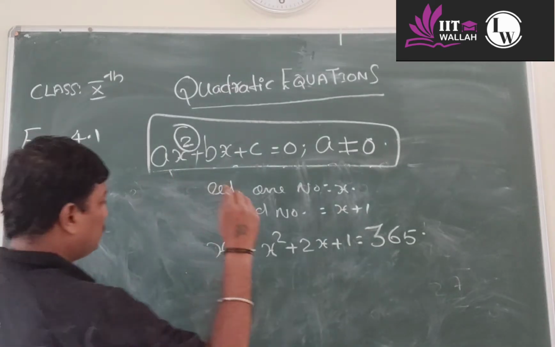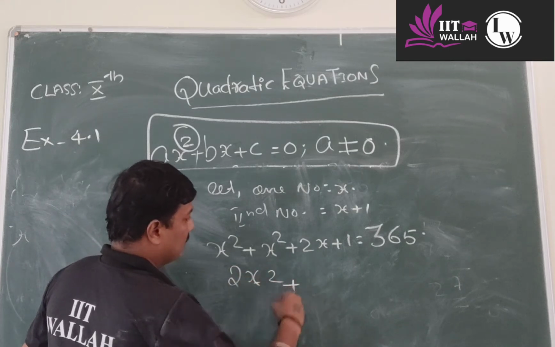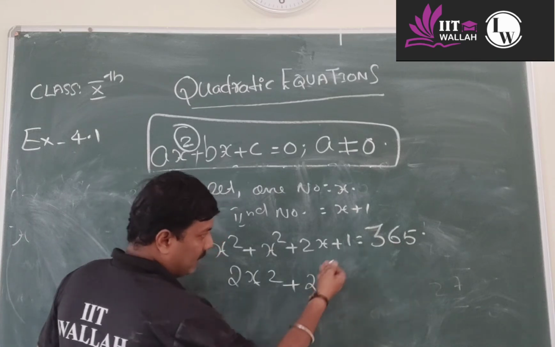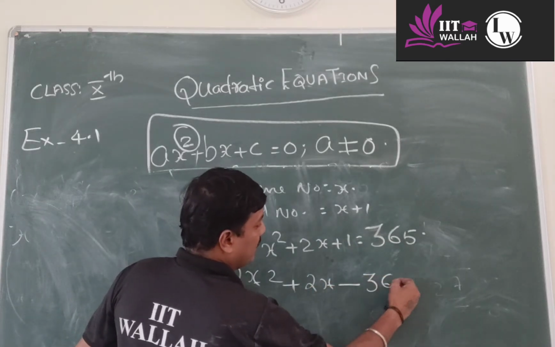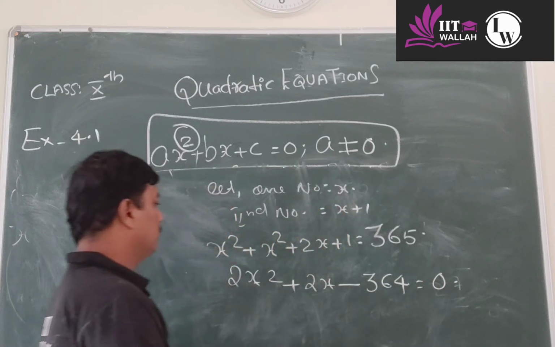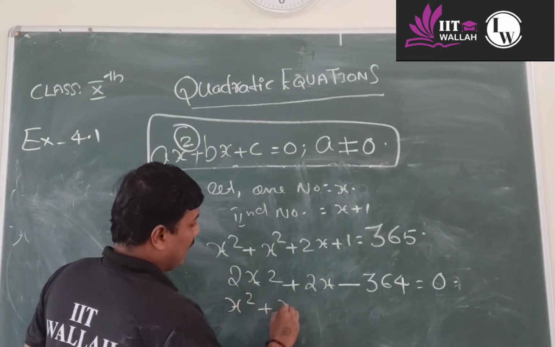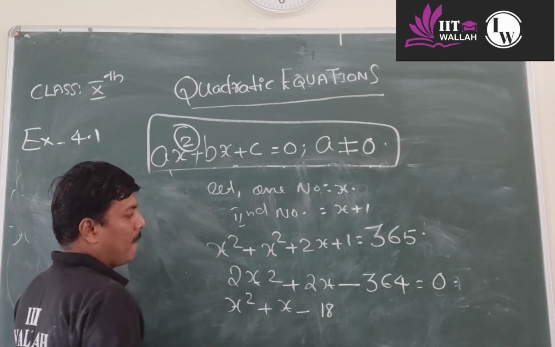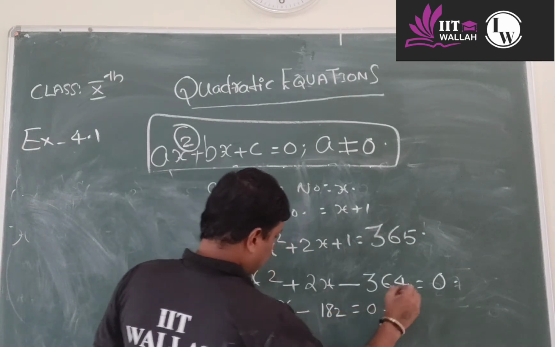So 2x square plus 2x plus 1, minus 365 will be 2x square plus 2x minus 364 is equal to 0. You can cut 2, so this is nothing but x square plus x minus 182 is equal to 0.